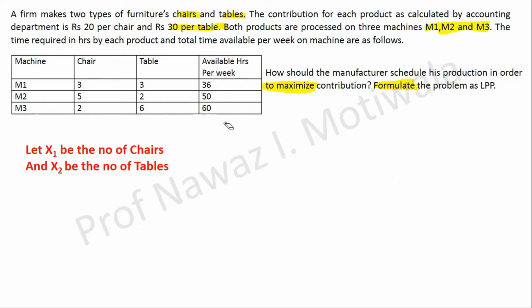Okay, so let me start with the solution. I will quickly explain. Let x1 be the number of chairs and x2 be the number of tables. Now, machine 1 is available only for 36 hours, and one chair requires 3 hours of machining on M1.